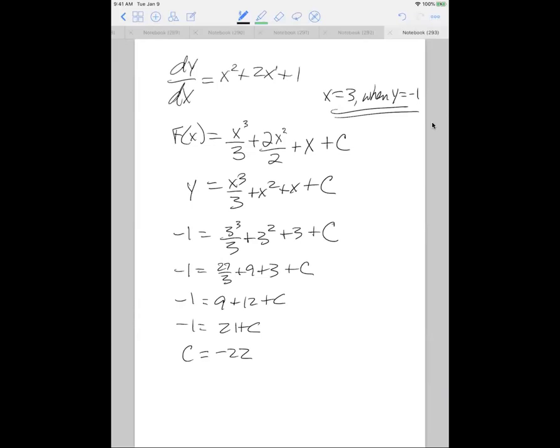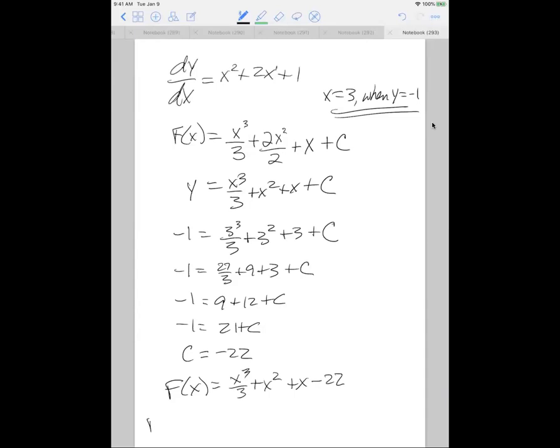I've got the solution to the differential equation. And I end up with capital F of x then is equal to x to the third over 3 plus x squared plus x minus 22. All right, let's check it real quick and make sure it's right.